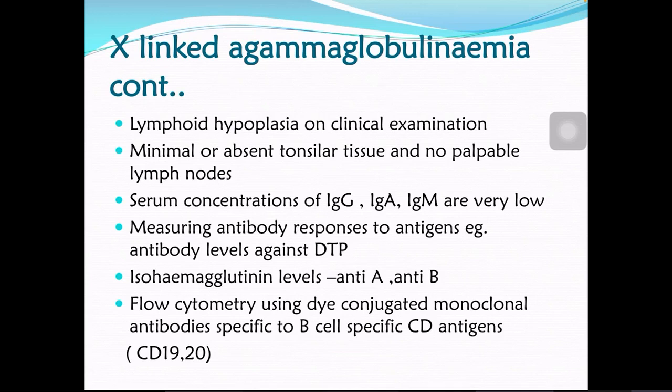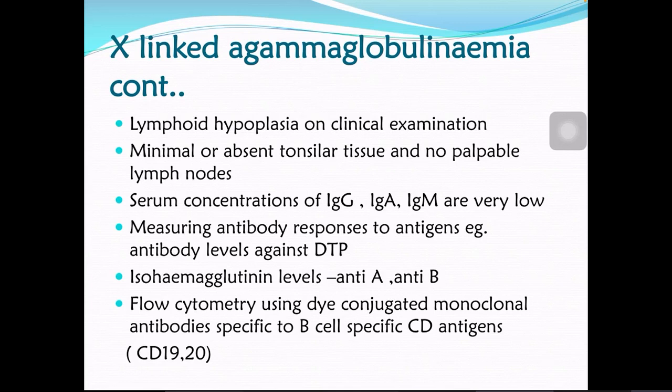Right. So what do we see on examination? They are likely to have lymphoid hypoplasia. As I said previously, lymph nodes may not be palpable, and there may be absent tonsillar tissue.